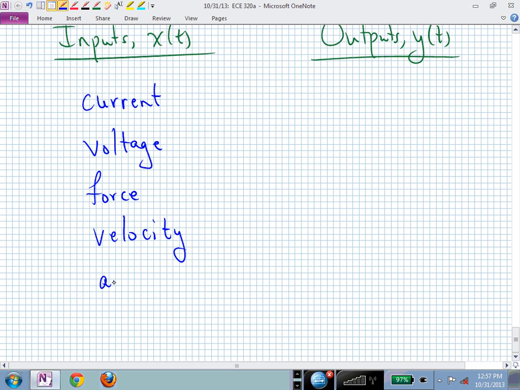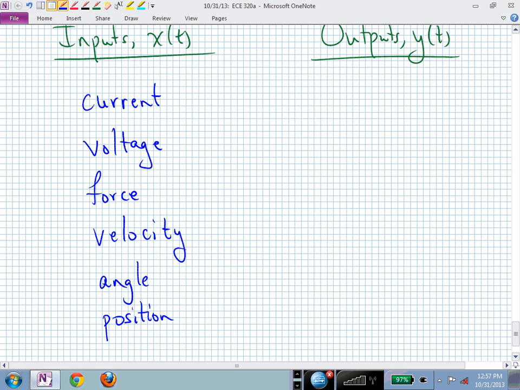Or maybe it's an angle, on some dial, and you're changing the input and it's now an angle. Or maybe it's the position, and you now know what that mass location is as a function of time. Those are all potential inputs.